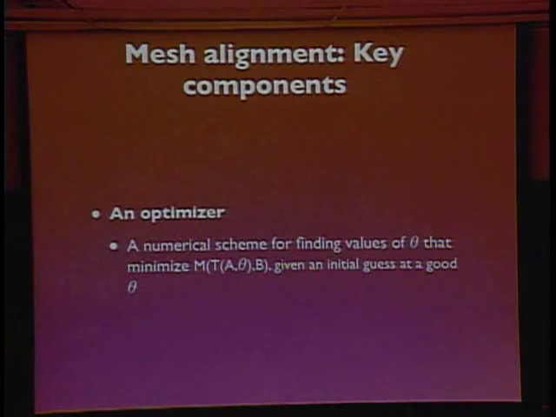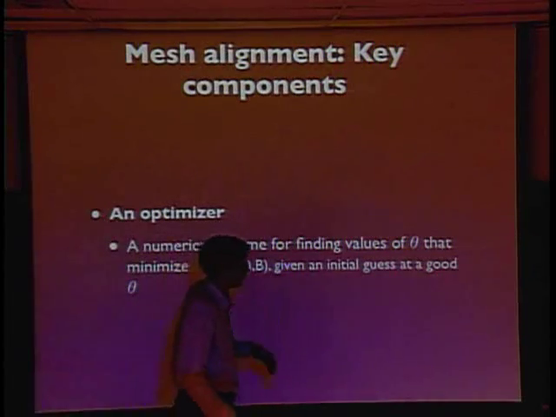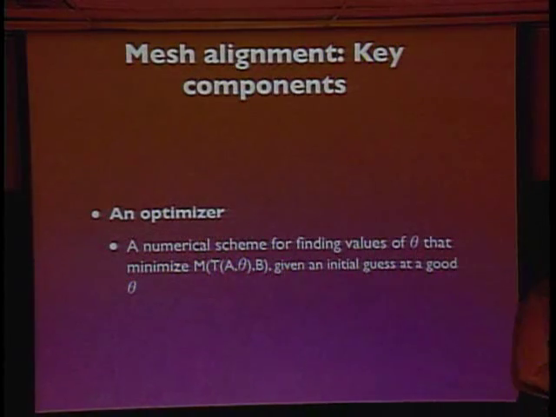So it could be that you have absolutely no idea a priori, before you start analyzing the data, what the transformation might be, or even what the ballpark of the transformation values should be. So in that case, you can just initialize this theta to whatever you want, to some random values. But oftentimes we do have at least a little bit of a notion of what the transformation is that aligns two meshes together.